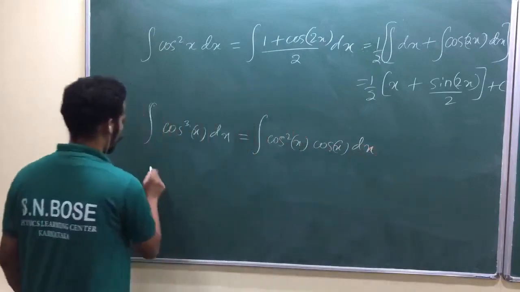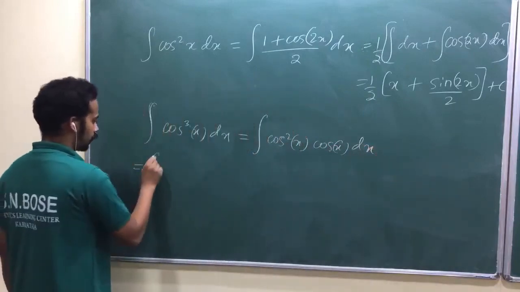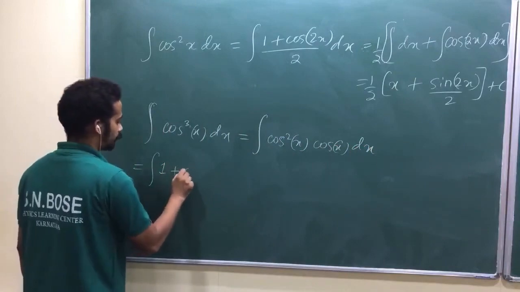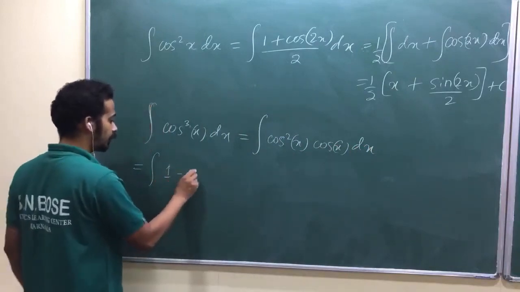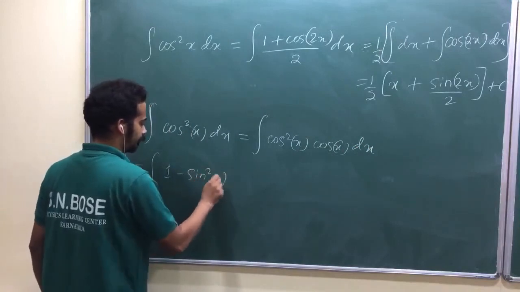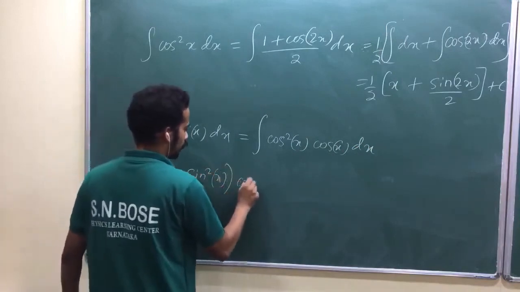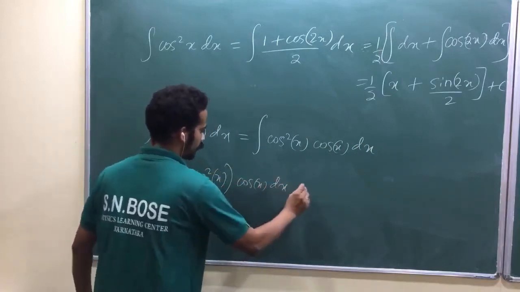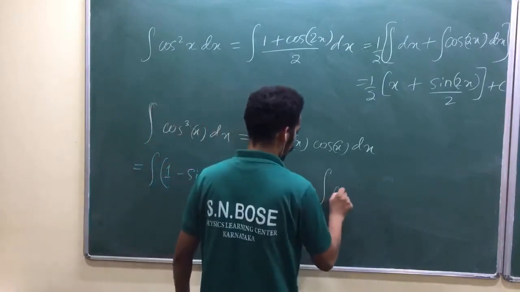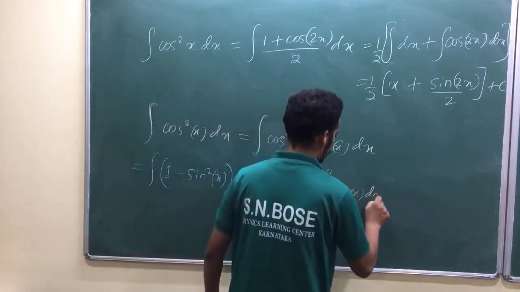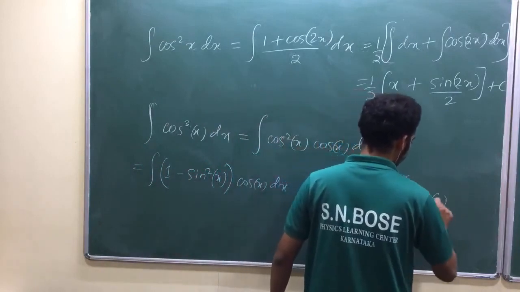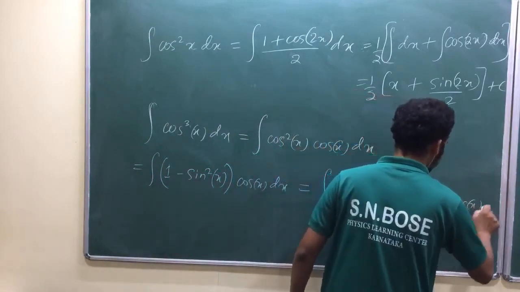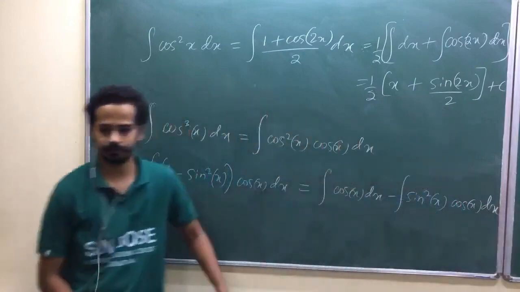So that's equal to the integral of 1 minus sin square x into cos x dx. That can be written as integral of cos x dx minus integral of sin square x into cos x dx. Here comes the substitution.